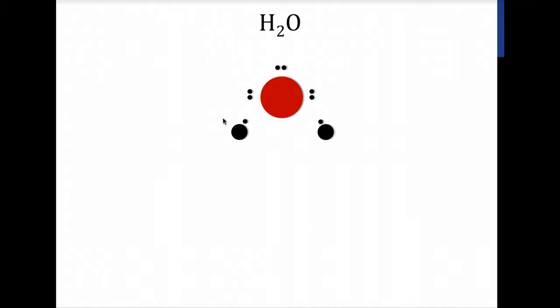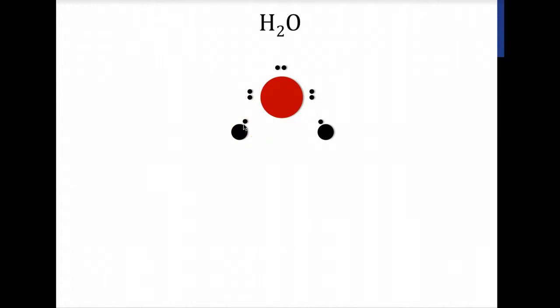So to have a full orbital for hydrogen, it only needs 2 electrons. So what happens here is this electron is going to be shared with hydrogen. So hydrogen is going to think that it has its own electron, and since oxygen is going to share this one, then it thinks it has a full octet.